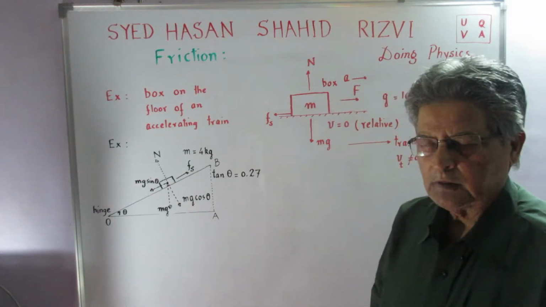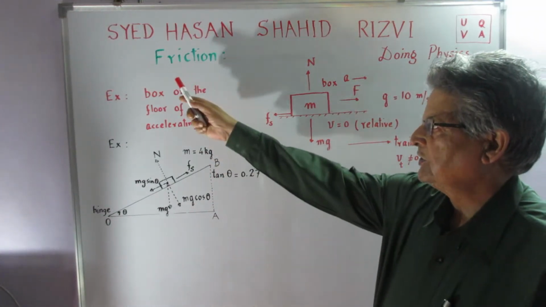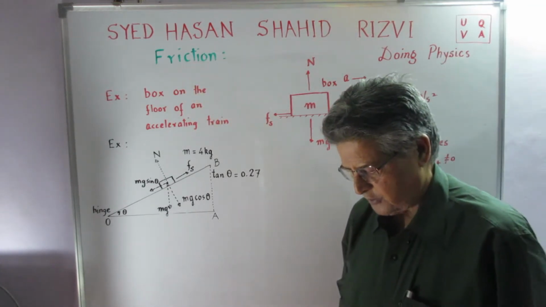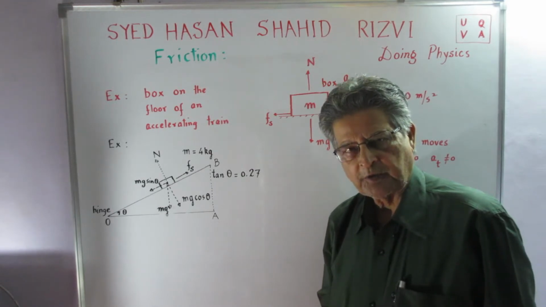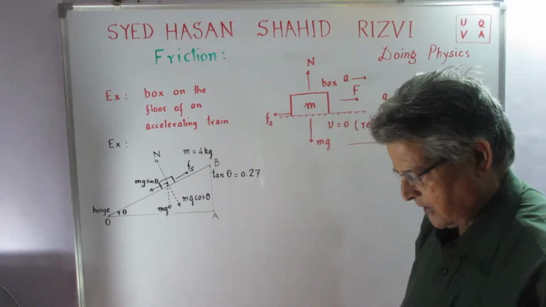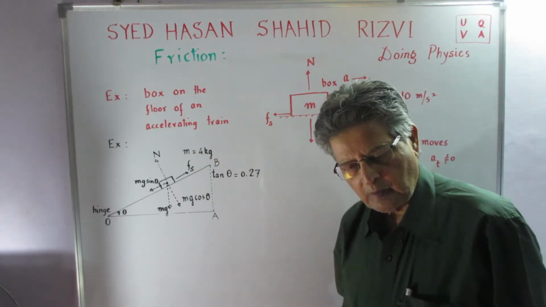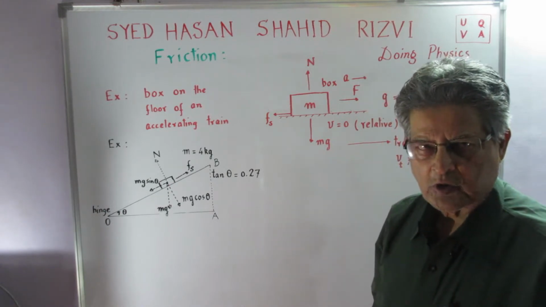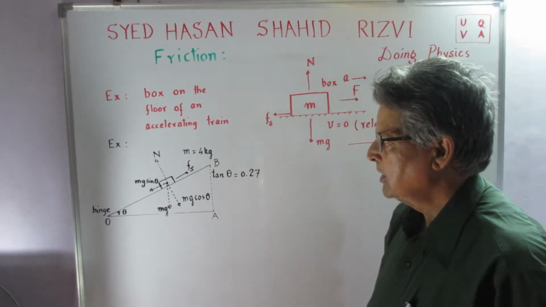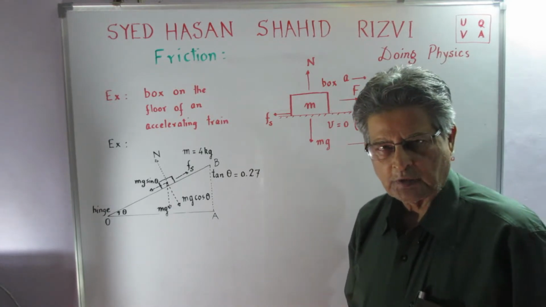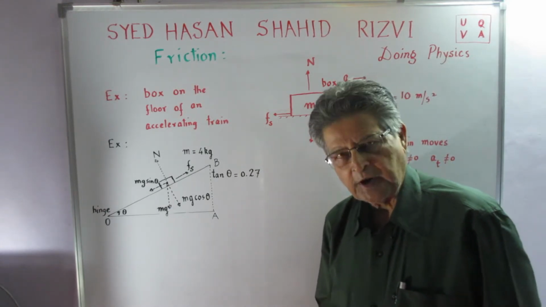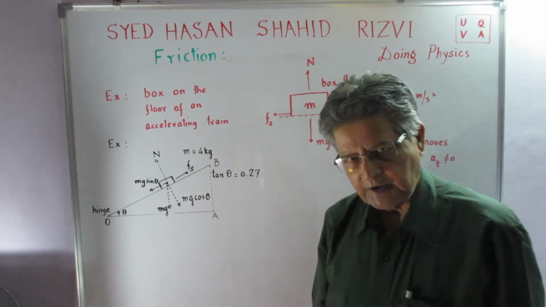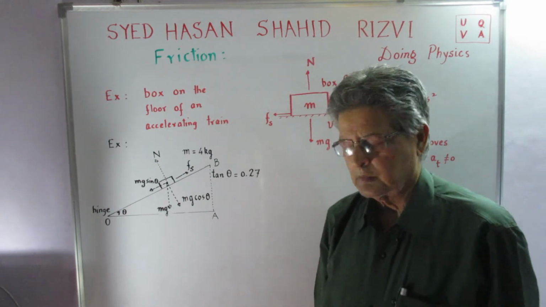So in the previous outing, we learned about what friction is, and I told you about static friction and the maximum static frictional force, which is equal to the applied force in the limiting case of friction, when there is an impending motion.